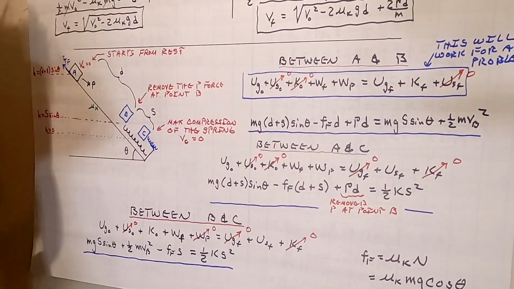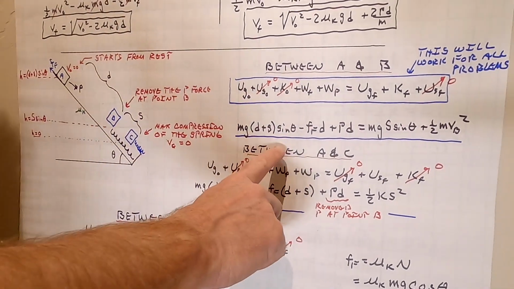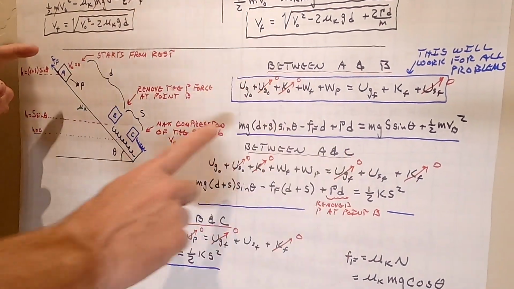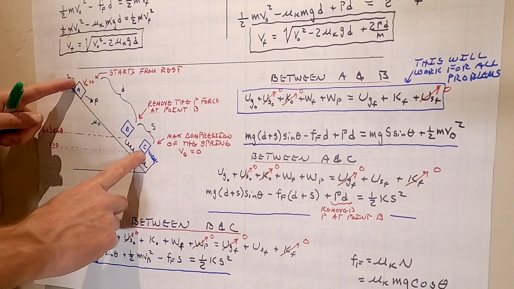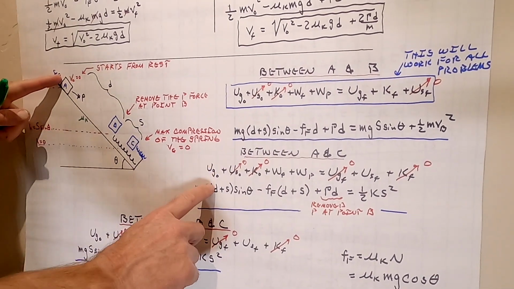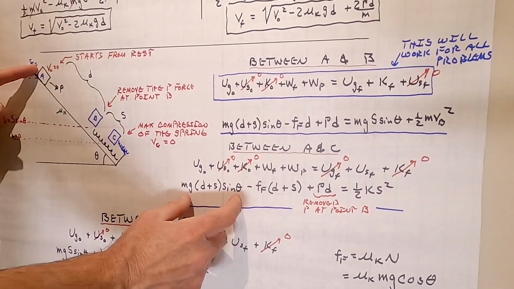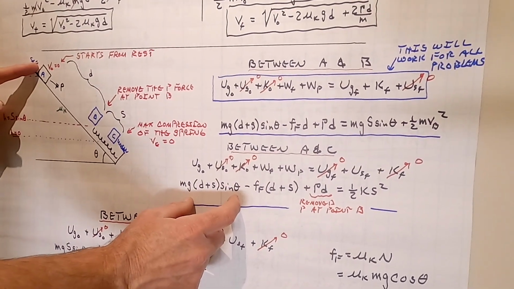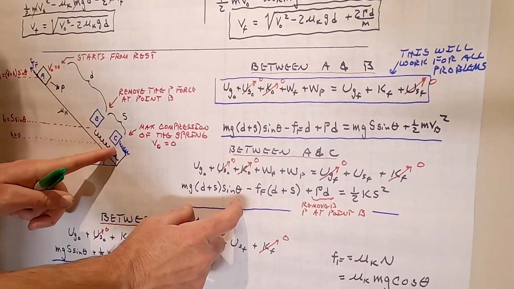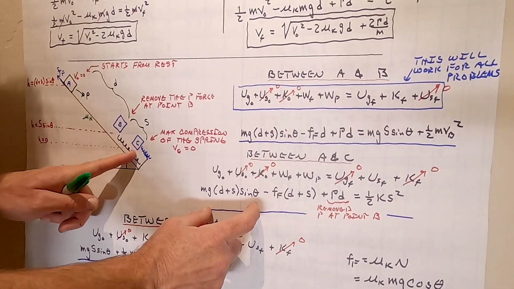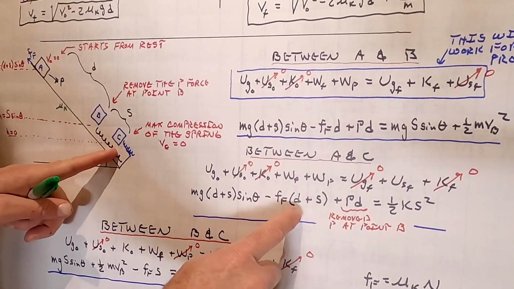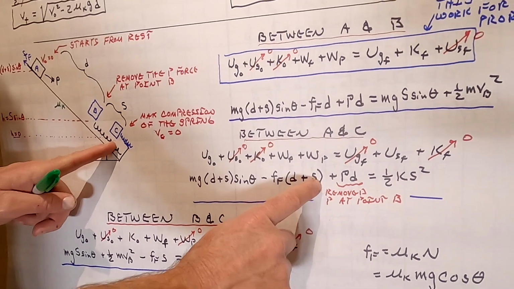If we wanted to look at the energy equation between A and C, we can go from here to here in one step too. At A, it's still the same, mg (d plus s) sine theta. But now we've lost work due to friction all the way down to here, that would be minus friction times (d plus s).